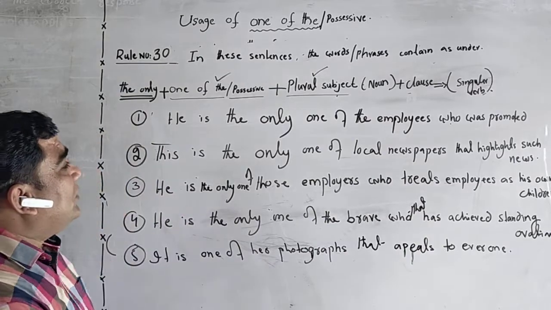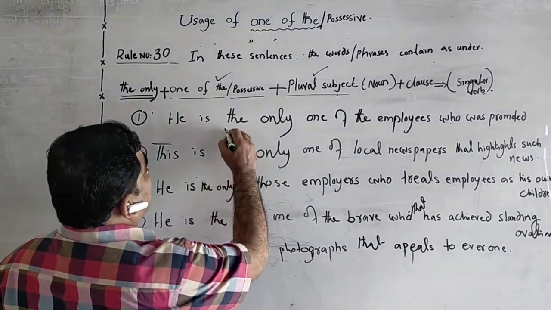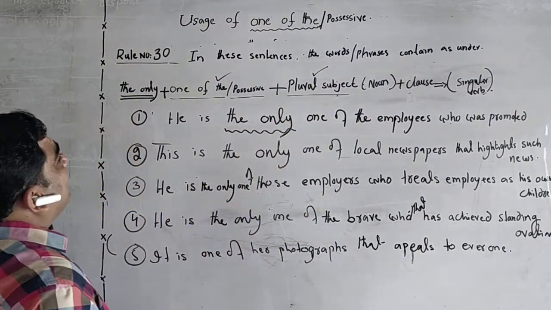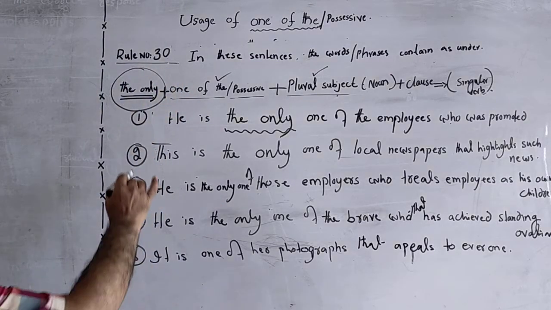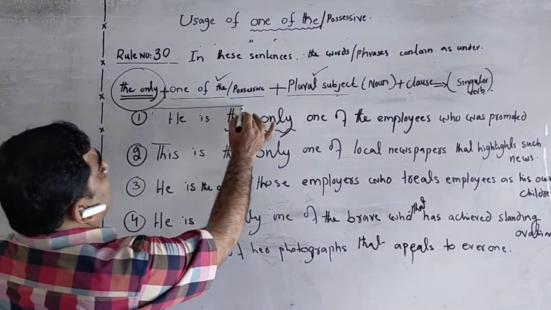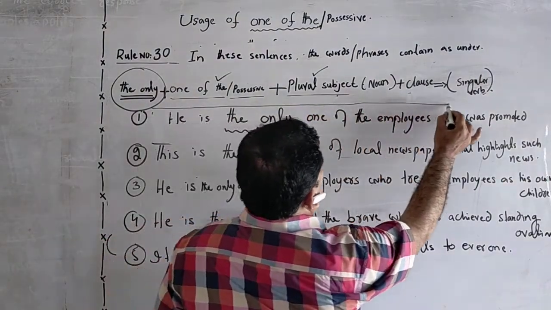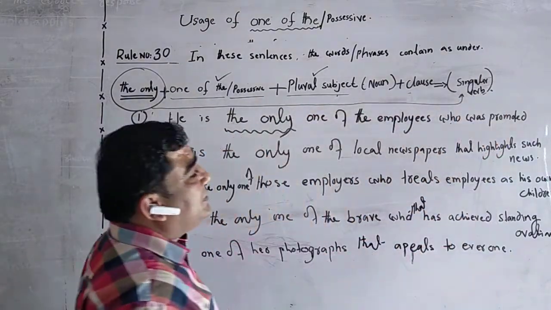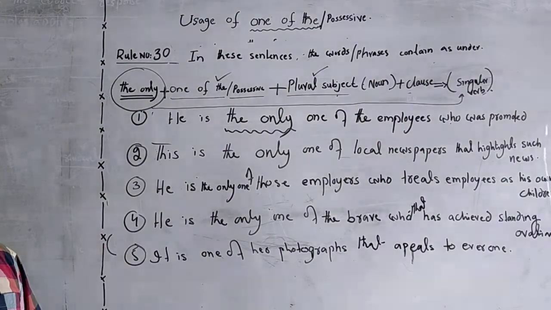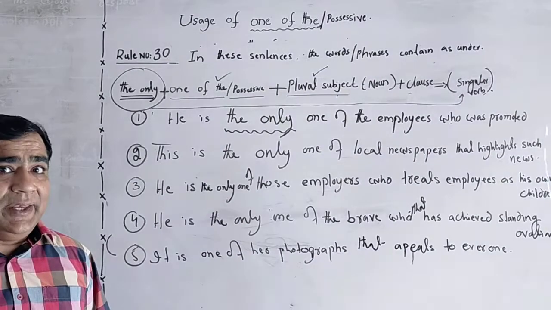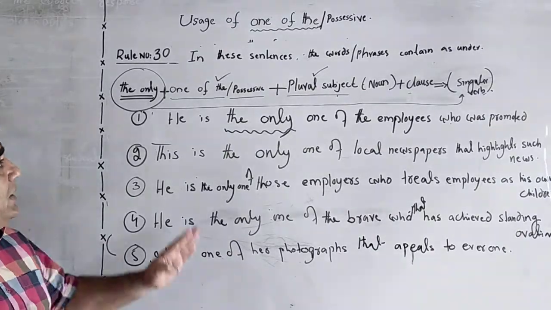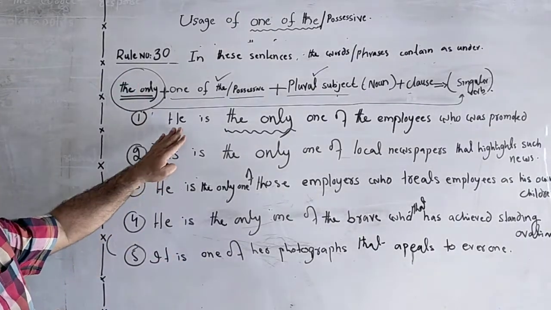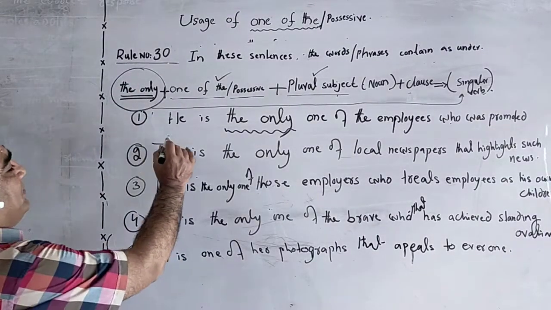Here it is one thing more, that is "the only". The only plays a part there. The only now has a direct connection to the singular verb that was not present in the previous rule number 29, but in rule number 30 you will find it. See the example.